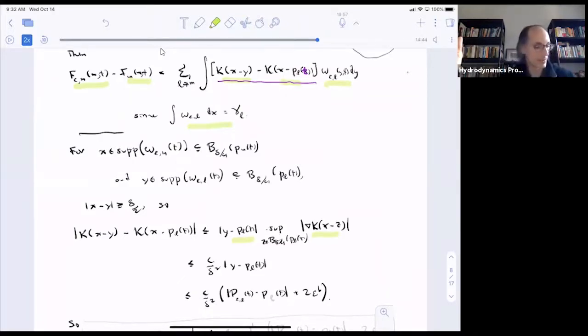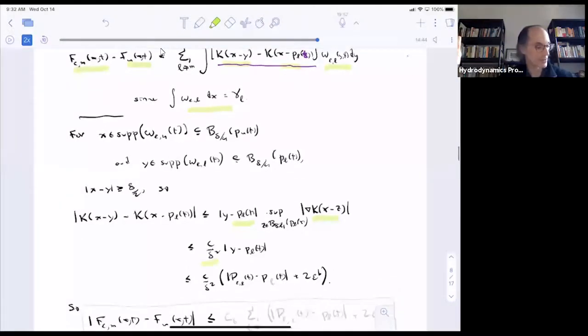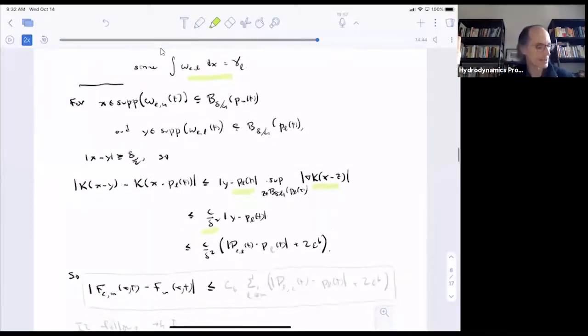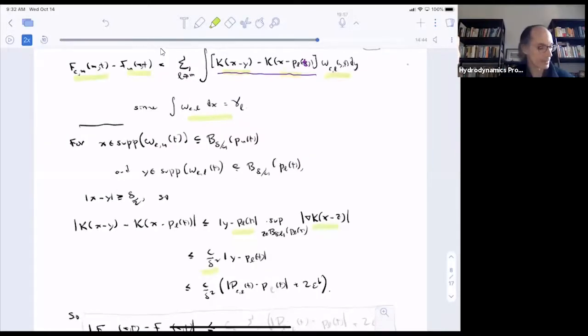And so from this gradient term, I get a delta to the minus 2, and then I just recopy the other term. And then let's see, what do we know? Something is missing. There's a missing subscript. Let's just add it.